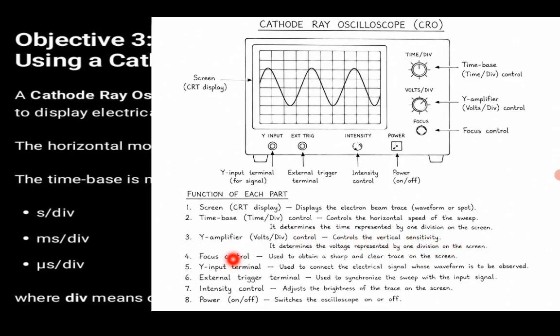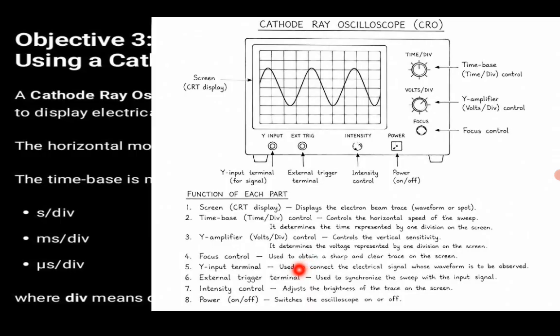And then we have buttons like the focus control, which is used to obtain a sharp and clear trace on the screen. We have the wire input terminal, this one here, which is used to connect the electrical signal whose waveform is to be measured or observed.